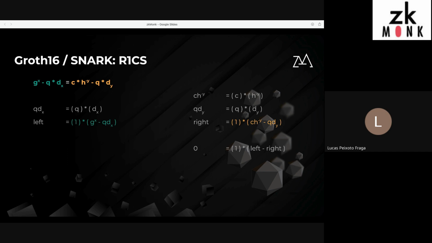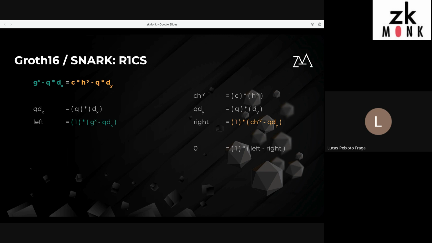We can have a value that is a constant. So it's 1 times 1, a linear combination. And the second parenthesis, it's 1 times gx plus minus 1 times q dx. Okay. On the right side, in orange, we have 1 times ch minus y plus minus 1 times q dy.